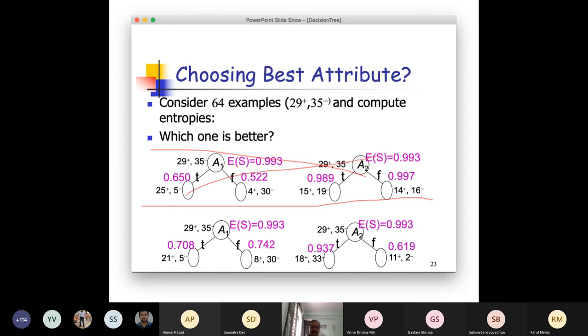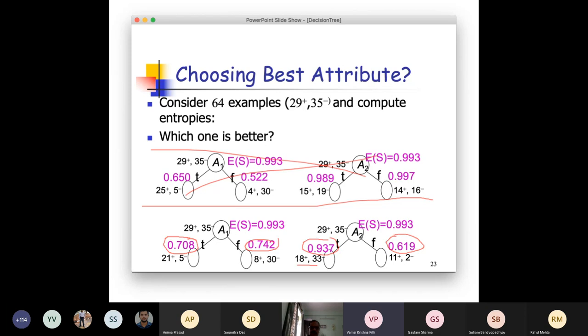There you can see the entropies are 0.708, 0.742, 0.937 and 0.619. Now, if you take the weighted average, which one would be lower? Which one would give the lowest entropy, that is, the greatest reduction?